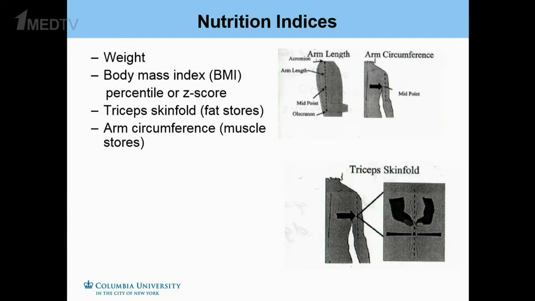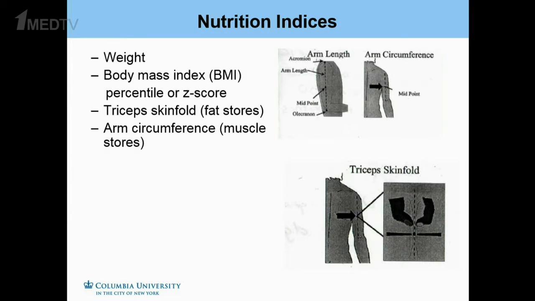They are very easy to do in the clinic setting, particularly mid-upper arm circumference. That really just takes a measuring tape around the child's mid-arm and gives you a number, and from that number you can basically classify their nutritional status.